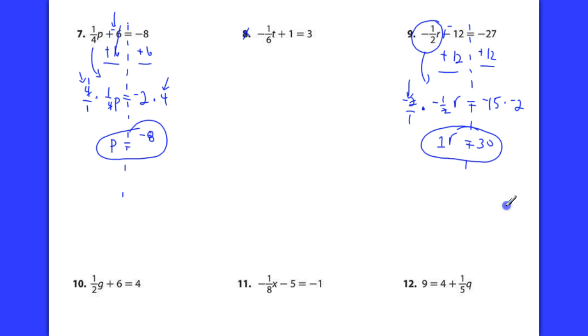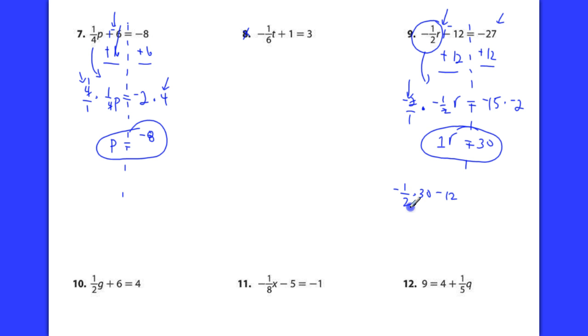Now, just to show you that we can check this, I'm going to show you how to do that. -1/2 r, I'm going to take the original equation, but instead of r, I'm going to put the answer that I got, which was 30, minus 12, and see if that comes out to be -27.